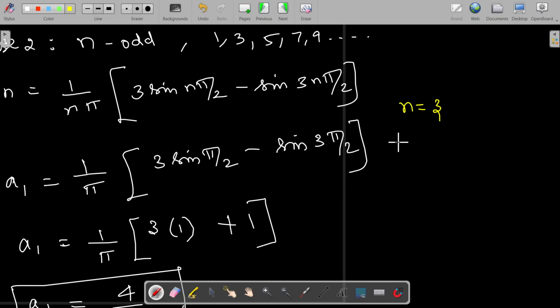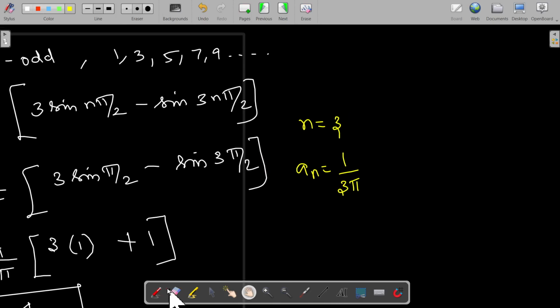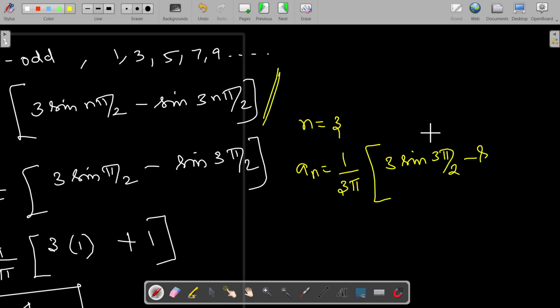We substitute in an equal to 1 by n pi, putting n as 3, so it is 3 pi. Then 3 sine n pi by 2, so in place of n we put 3, giving 3 pi by 2, minus sine of 3 times the n value, which is again 3 pi by 2. So this is equal to 1 by 3 pi.